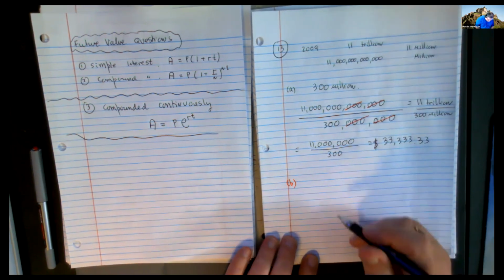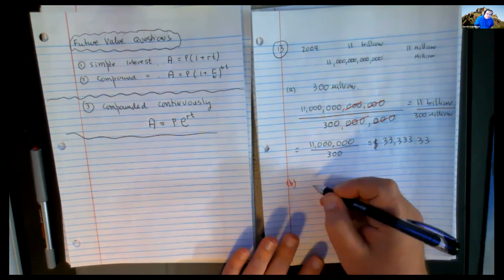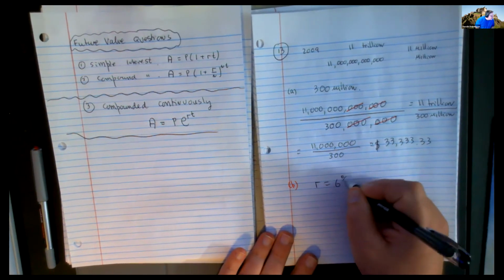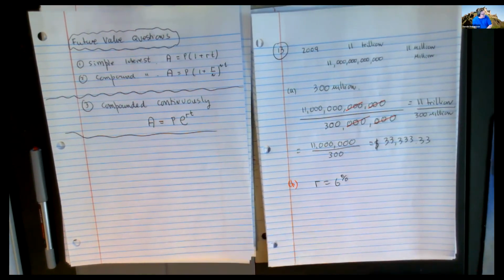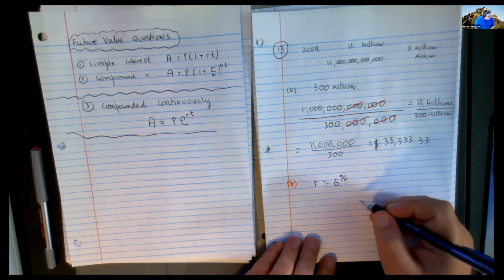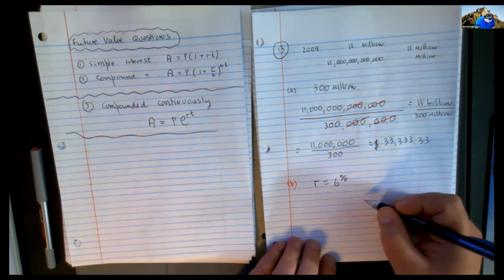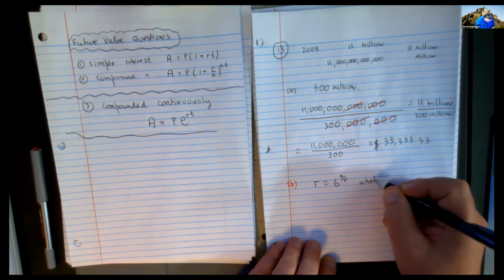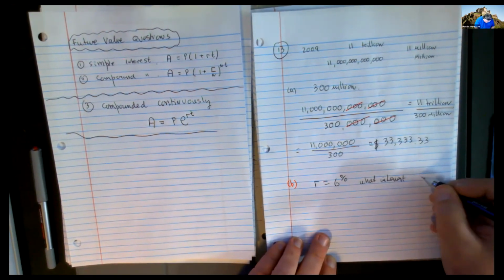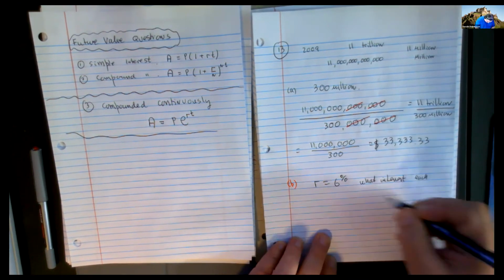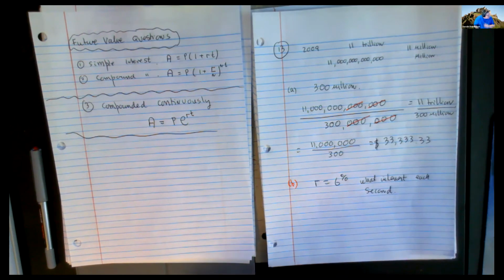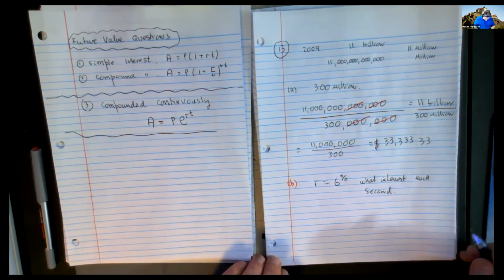Okay, part B. Ooh, now to depress us even more. The interest rate on our debt is 6%. I'm assuming that's what the Chinese ask for. And they want to know, what is the interest each second? Wow.